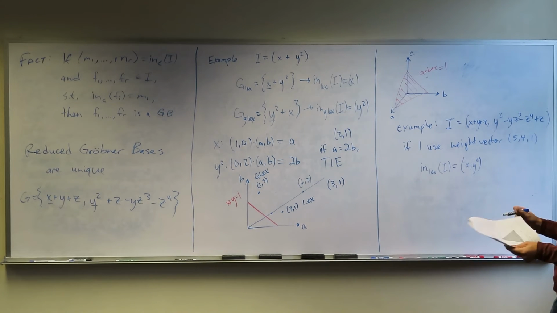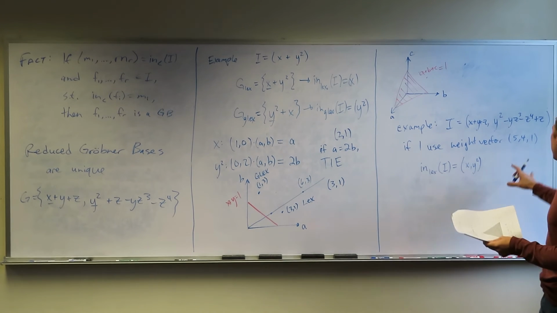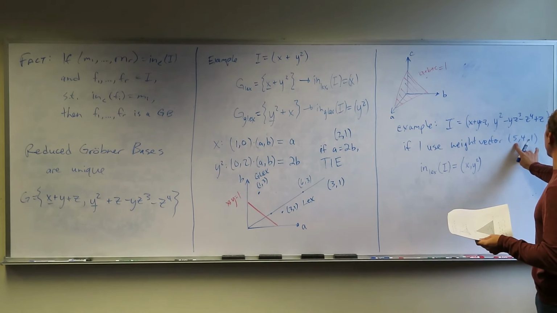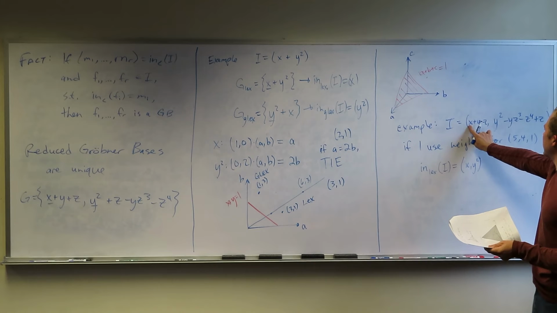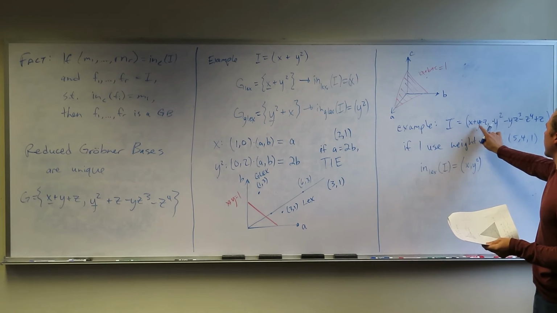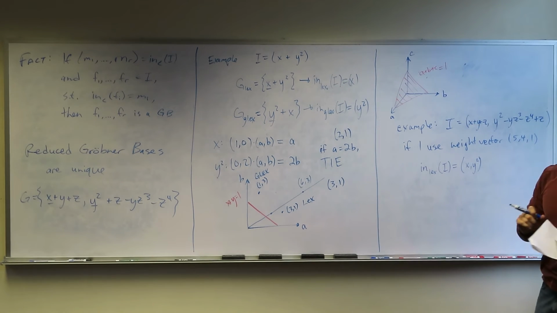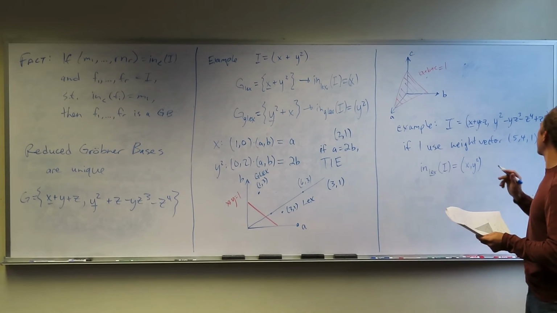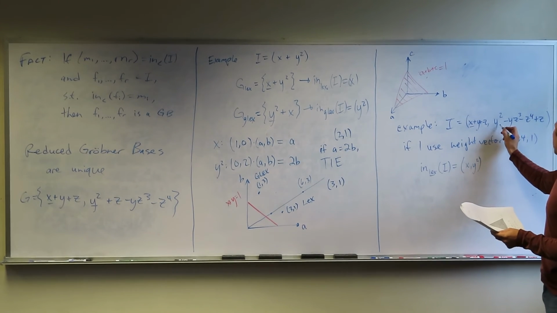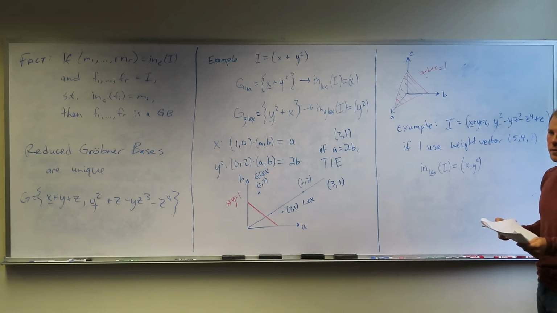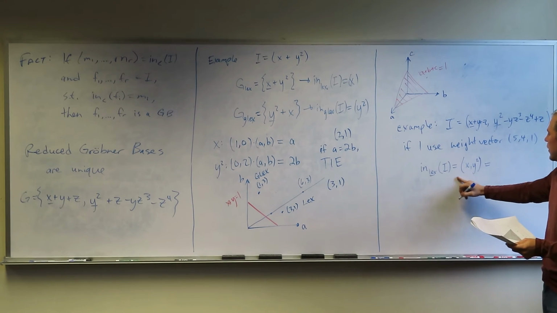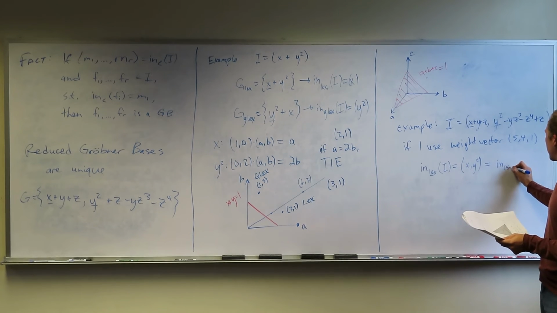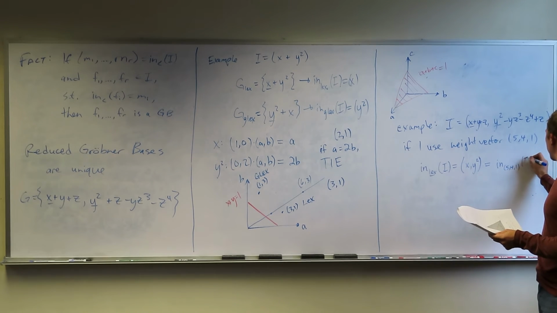Really we're just asking, do things get shuffled around by this vector in a way that's going to mess this up? If I'm giving 5 weight to all the x's, then this is going to be bigger than that, because 4 and 1 are both smaller than 5. So in Lex, this is the biggest term, and again in Lex, this y squared is the biggest term. So we can say that this weight vector agrees with Lex here.